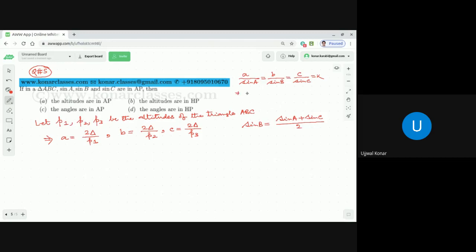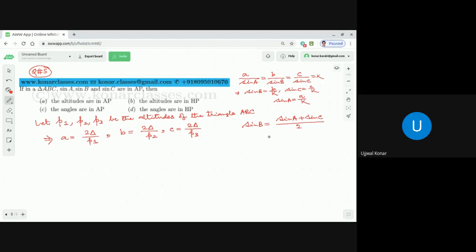So from here, sine B is equal to b by k, sine C is equal to c by k, and sine A is equal to a by k.